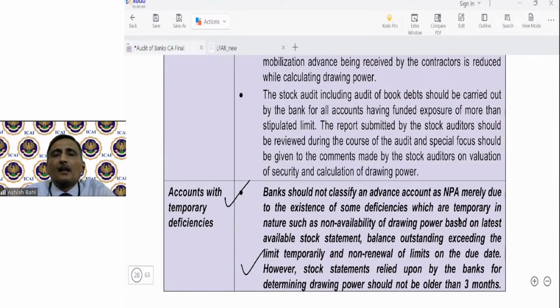Okay. So there could be a genuine possibility that the borrower has not been able to submit stock statements, but these should not be older than 3 months. So this point the auditor has to see.